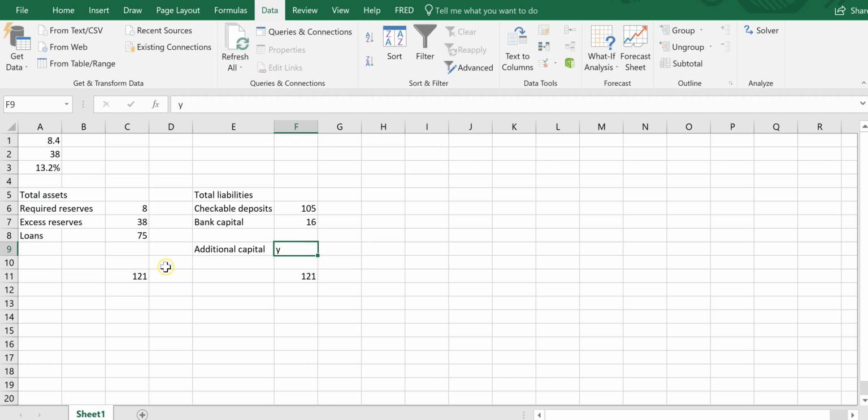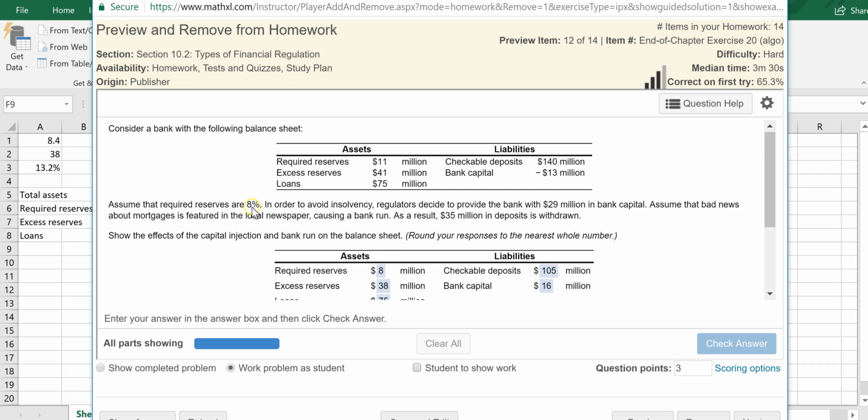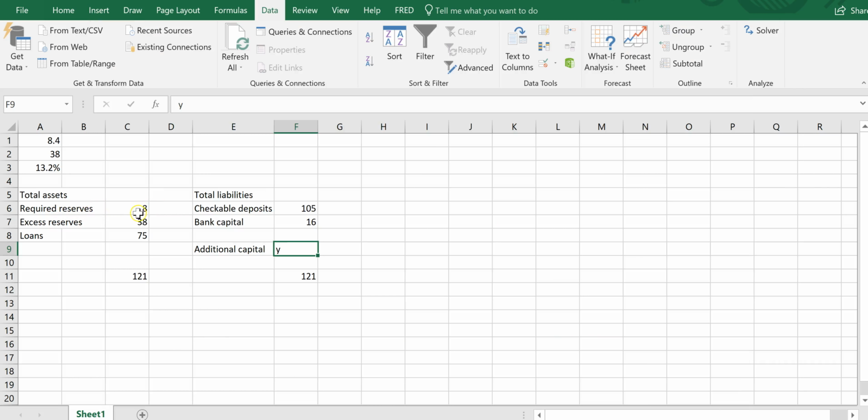This is y. And when you put additional capital here, because the checkable deposits don't change, that means the required reserve ratio obviously also doesn't change, right? It's 8%. So required reserves also don't change in this case.